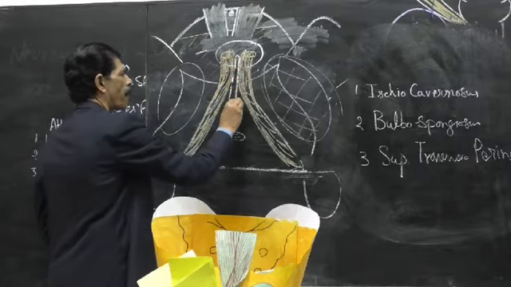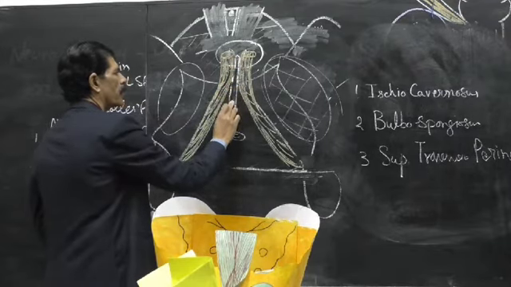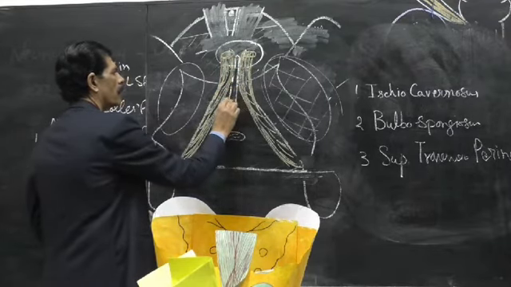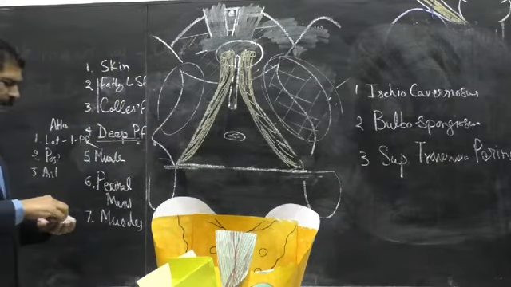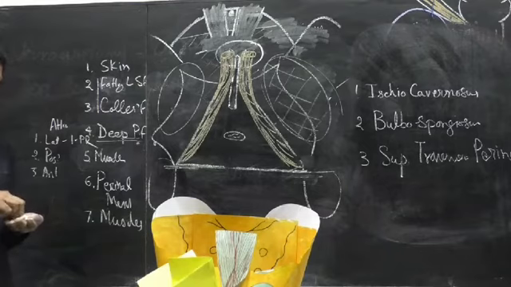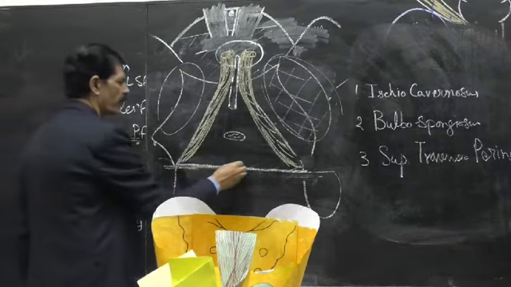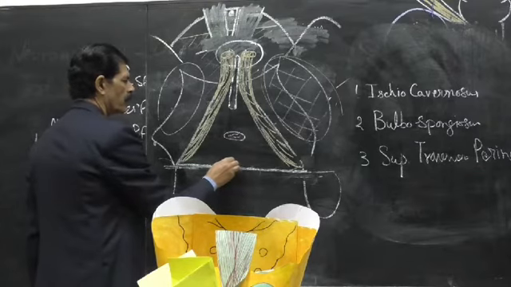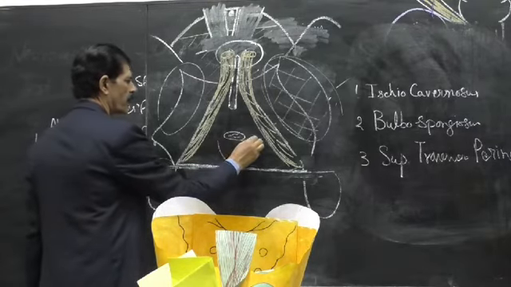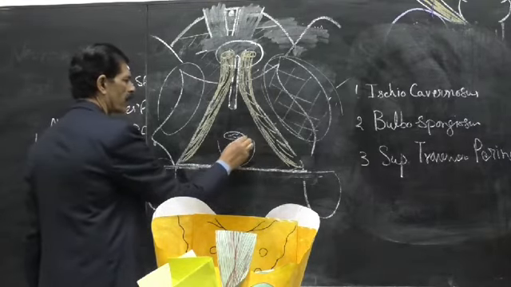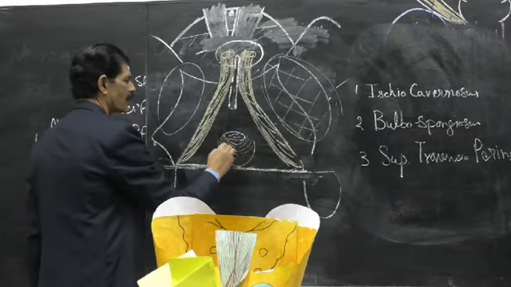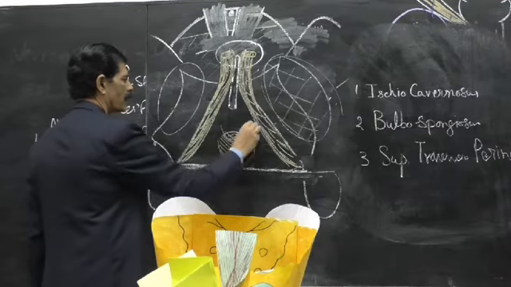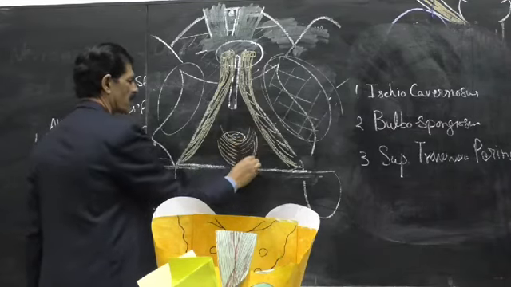That is called the corpus spongiosum. And this muscle, the bulbospongiosus, takes origin from the posterior part; right and left, they decussate and form a bulb-like structure.